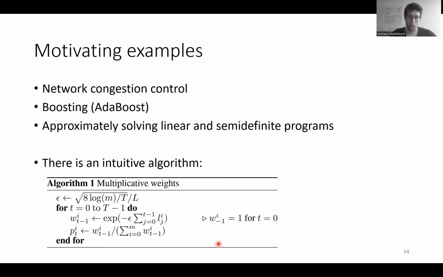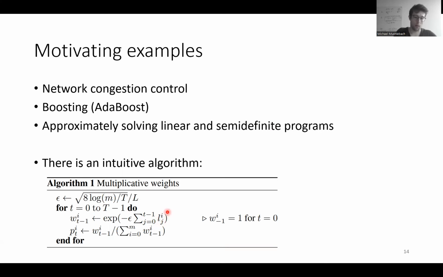And here's the algorithm. The algorithm is extremely simple. Essentially what it does is keep track of the past history. At time t, you form this sum, which accumulates the losses over the past iterations for each of the different options i.